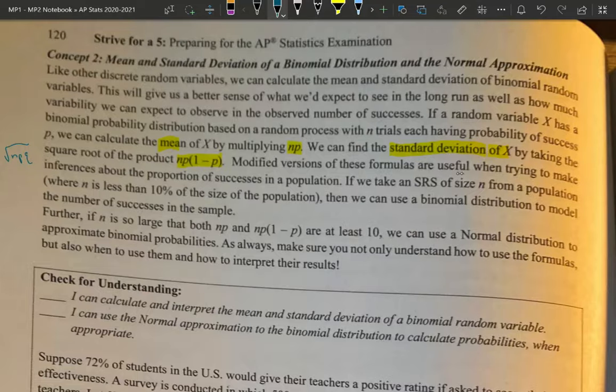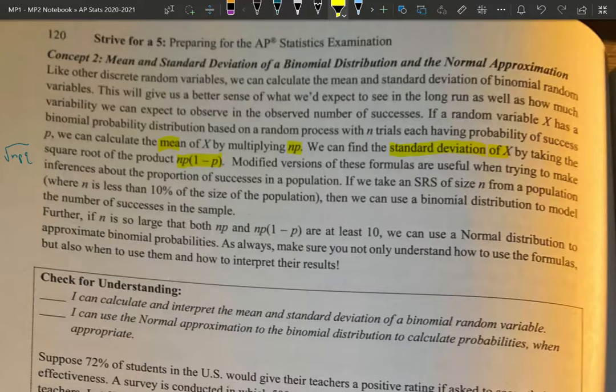Modified versions of these formulas are useful when trying to make inferences about the proportion of success in a population. If we take a simple random sample n from a population where n is less than 10% of the size of the population, then we can use a binomial distribution to model the number of successes in this sample. So we talked about that in class right here.